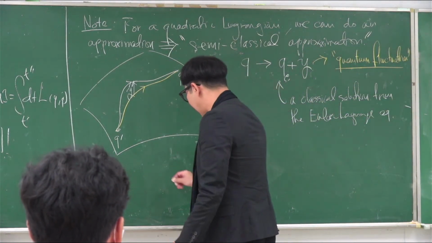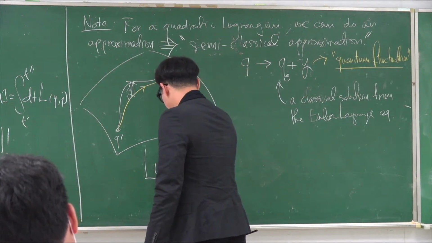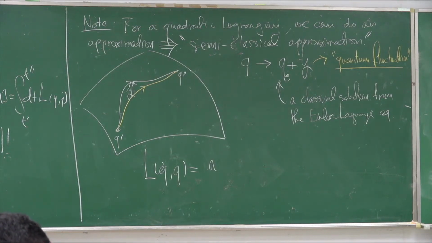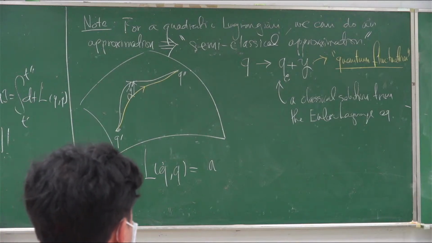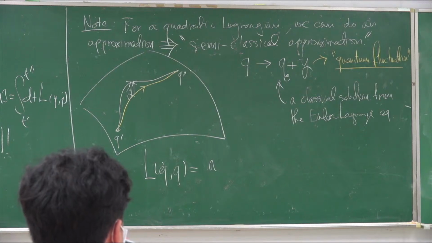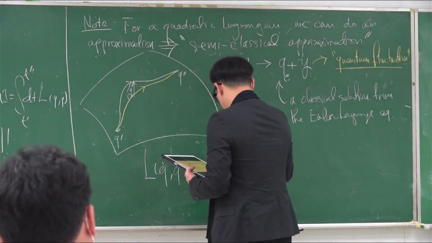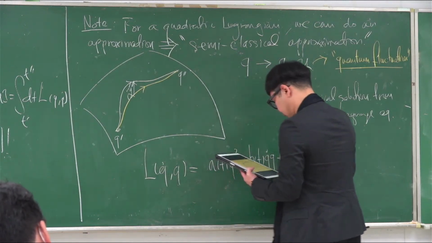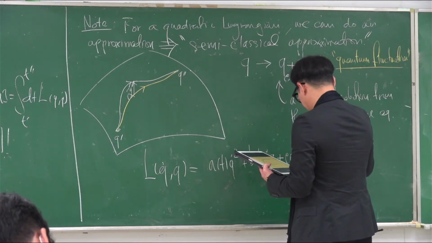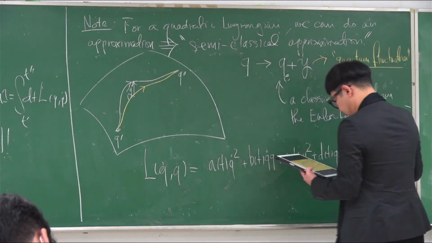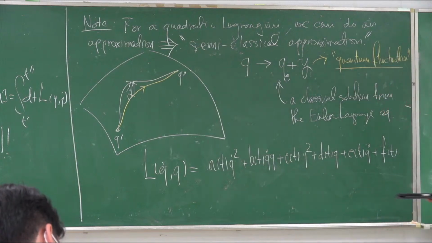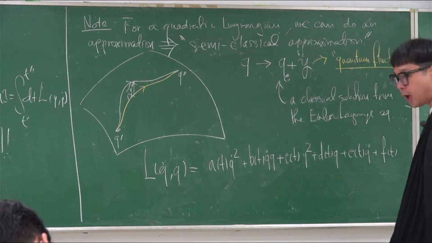Anyway, so now we have this. Suppose that this is quadratic in both q dot and q, right?